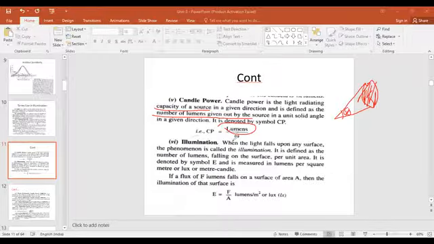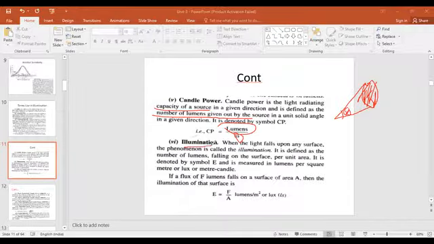That may be possible in all directions, and distances matter. In some directions there is less intensity and in some directions more intensity. So whenever light is emitted and falls on the surface, there is some angle from the source over which the intensity is distributed, and that is a solid angle. And that is what we see here: Cp is equal to lumen by solid angle.